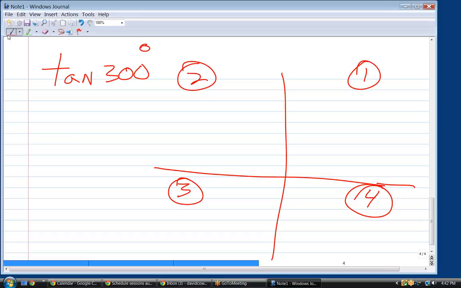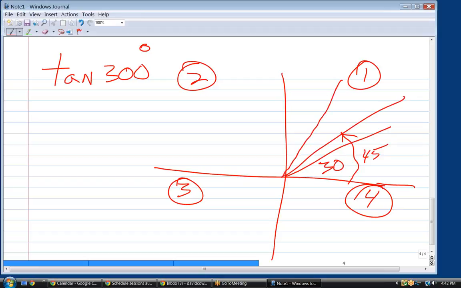Same thing with trig. If you can memorize the first quadrant angles, the common ones, 30, 45, and 60, then you can relate every other angle up to 360 to one of these. And that's the easiest way to learn trig.